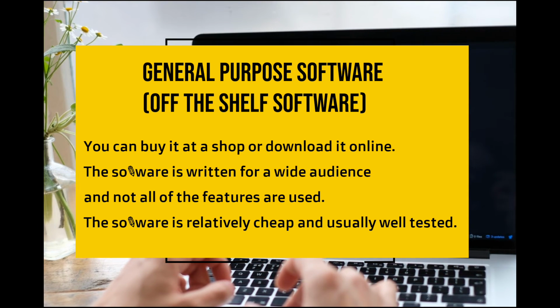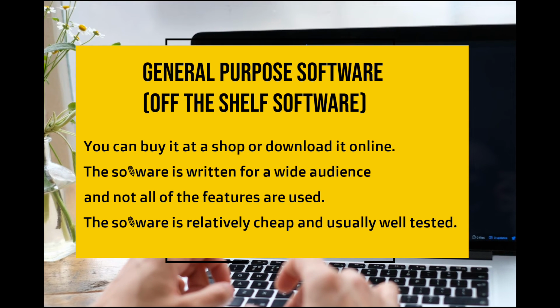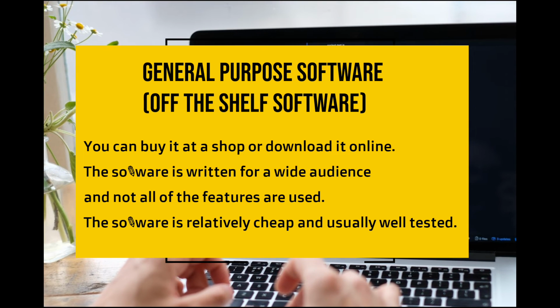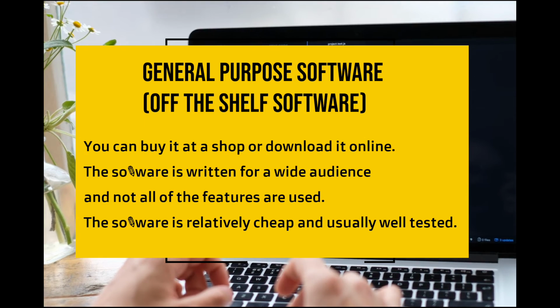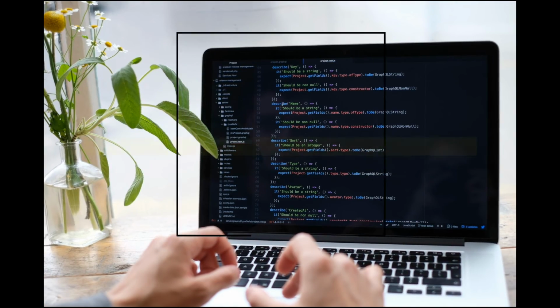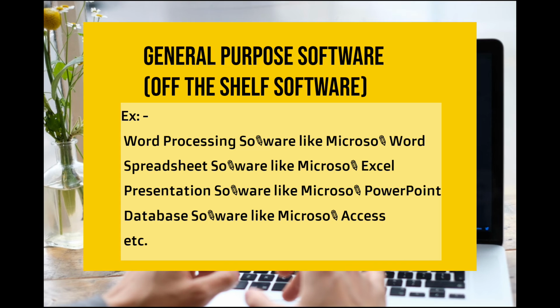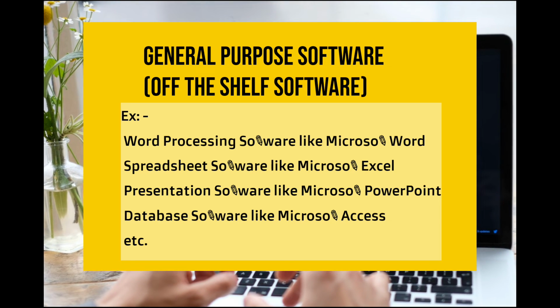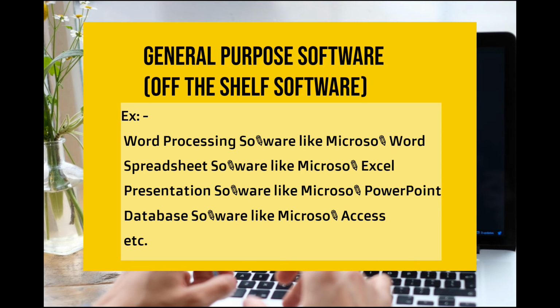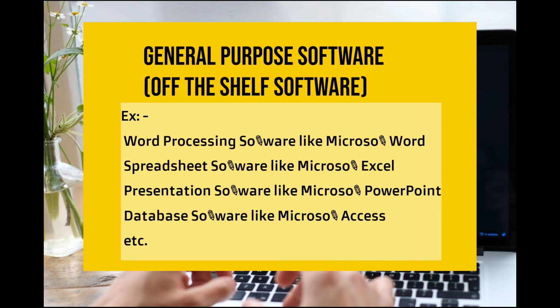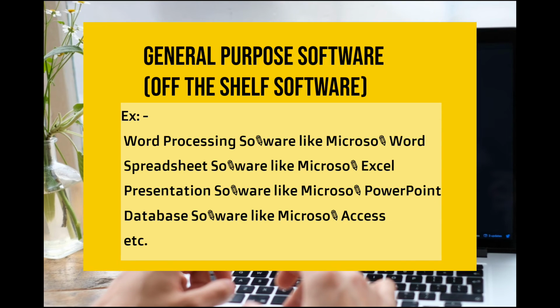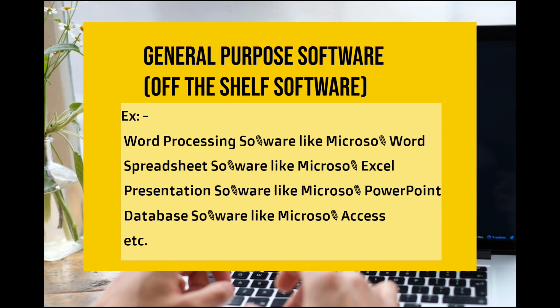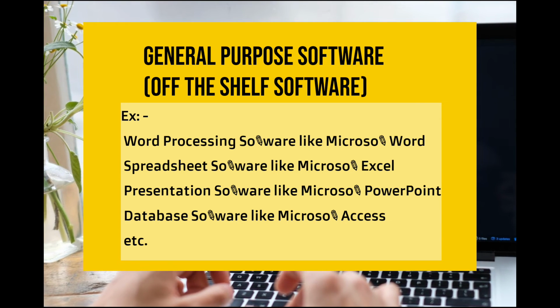And also, the software is relatively cheap and usually well tested. Examples of general purpose software are word processing software like Microsoft Word, spreadsheet software like Microsoft Excel, presentation software like Microsoft PowerPoint, and database software like Microsoft Access.